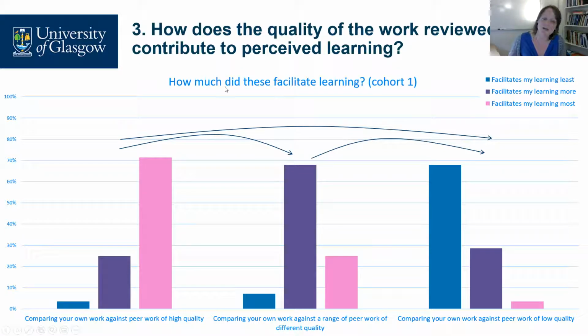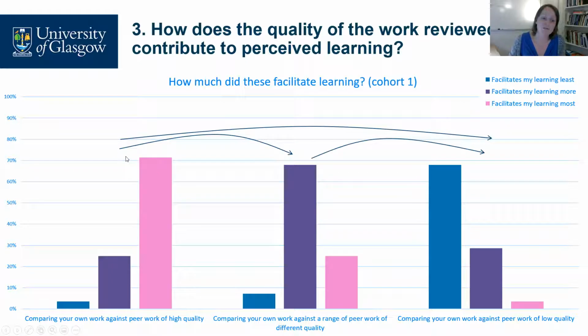What we were interested in was the perception from cohort 1 of how much work of different quality facilitated their learning. We asked them, when they were comparing their work against peer work of high quality, a range of work of different quality, or peer work of low quality, which facilitated their learning. Blue here is facilitating their learning least, purple more, and pink most.